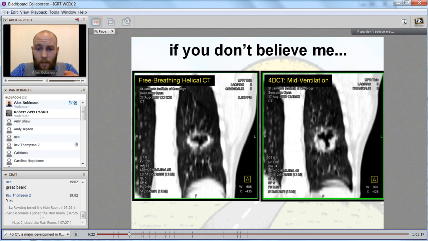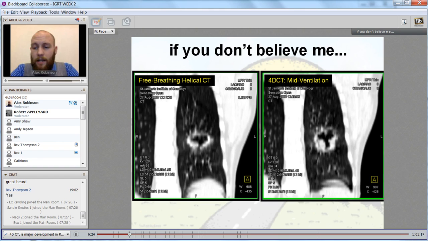This image here is a great example of this. The one on the left-hand side shows the tumour that our doctor would have contoured. They'll have contoured around that, but they'll then have added the margin for internal motion.